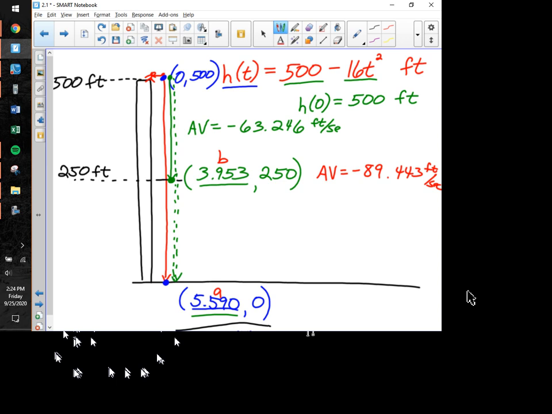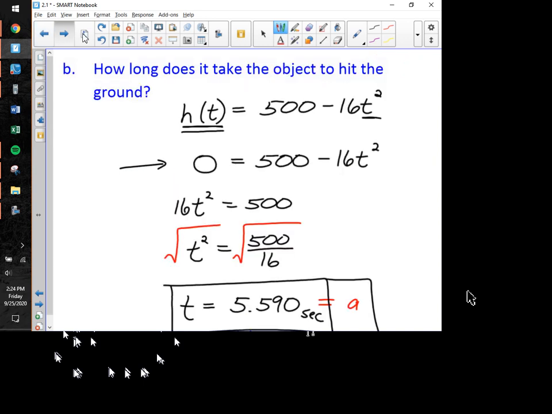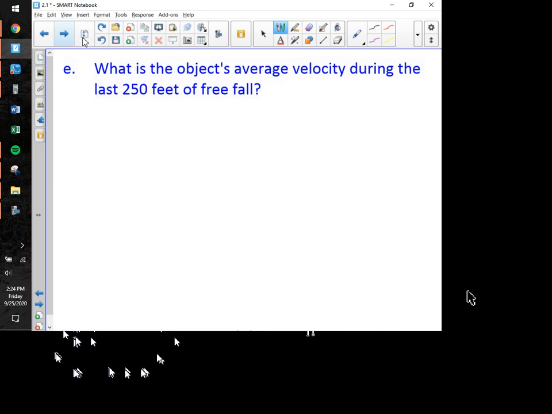Lucky for us, we know the time value we're starting at, that's B, and the time value we're ending at, that's A. So we don't have to find a time value here. We already know the starting and ending values for this one. So we're just doing the average velocity starting at a time value that we saved as B and ending at a time value that we saved as A.